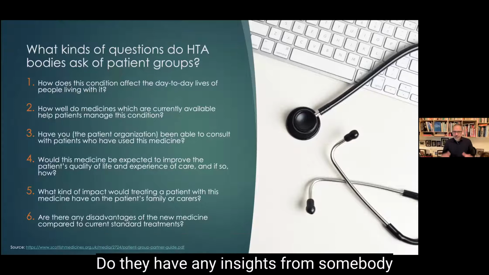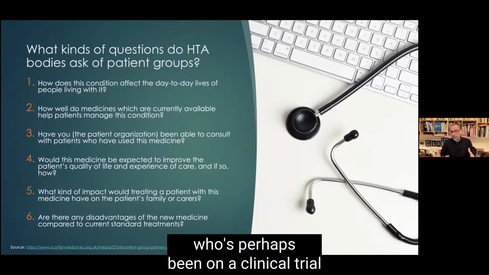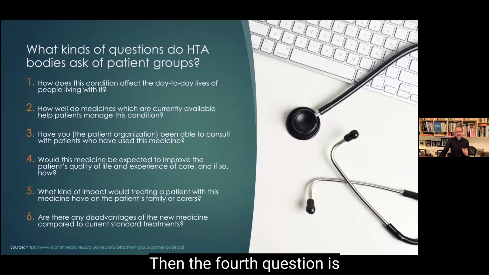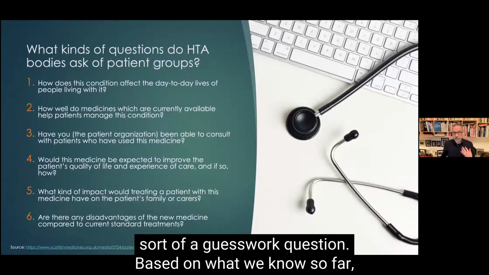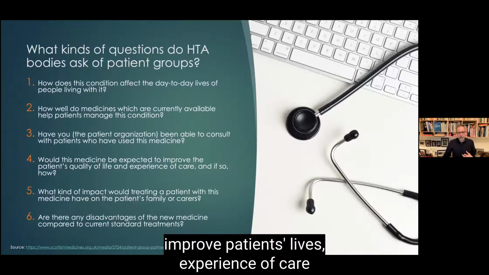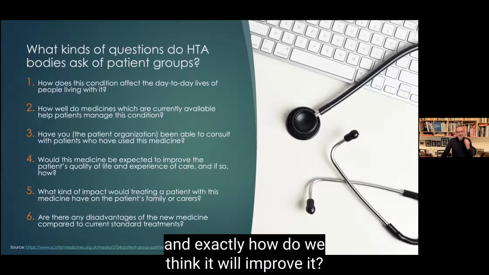Do they have any insights from somebody who's perhaps been on a clinical trial and is able to share their experience of the medicine? Then the fourth question is sort of a guesswork question, but based on what we know so far, does the patient group think this medicine will be expected to improve patients' lives and experience of care, and exactly how do we think it will improve it?